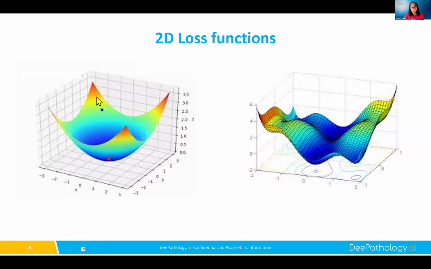So maybe our loss function would be here. So we want to create a trajectory. We want to create a process that would take us from here somehow to the minimum value. And it doesn't matter if we have X, Y, or X1, X2, X million, etc. It doesn't matter how many dimensions you have. The mathematics is the same.